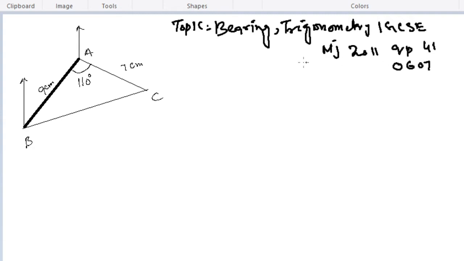Please open the paper and you can see the question yourself there. Okay, so they say in this triangle ABC is given to us.